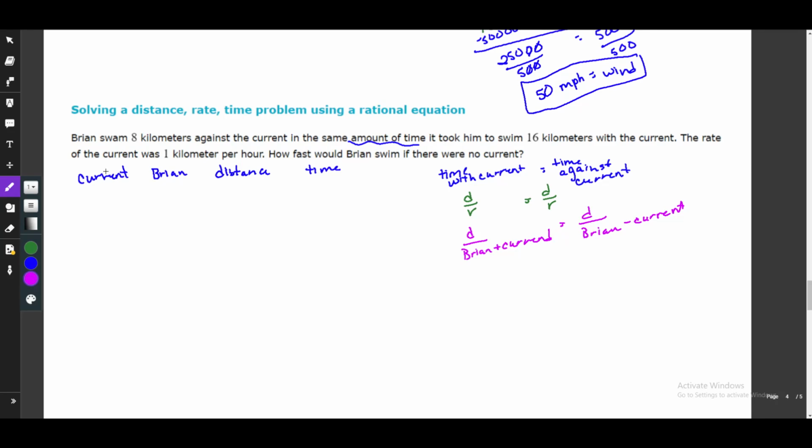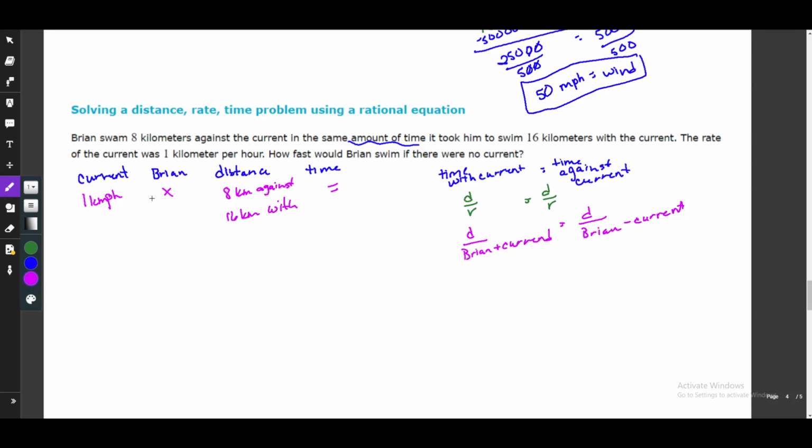All right, so what we have with this, the current is 1 km/h. Brian swam 8 kilometers. I am looking for Brian, so that's going to be my x. Distance is 8 kilometers against, sorry, 16 kilometers with, and the time is equal.